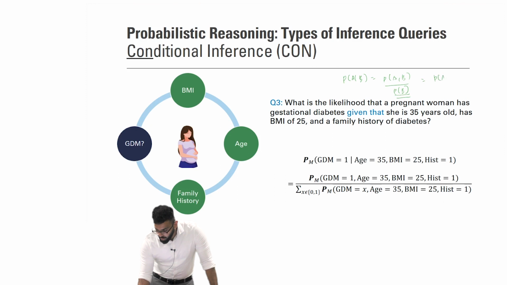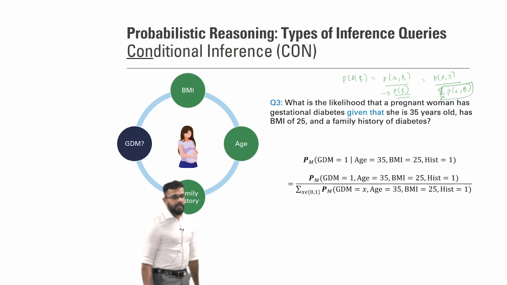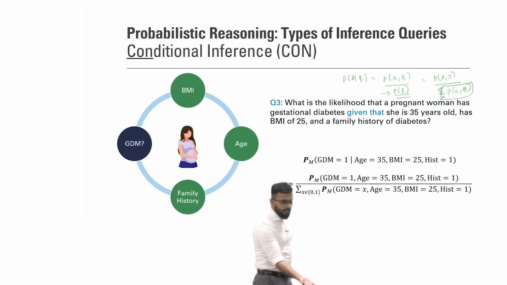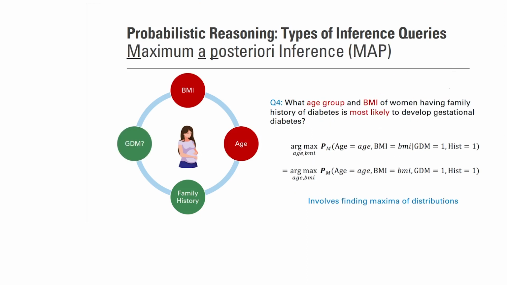Well, we just saw in the previous slide that this is basically a marginal inference query, right? You're marginalizing out A because A can be thought of as unobserved here. So, you sum over all values of A, P of A comma B. So, conditional inference involves marginal inference as a subroutine, as you can see, right? So, anything that is tractable for marginal inference would also be tractable for conditional inference. So, that is conditional inference.